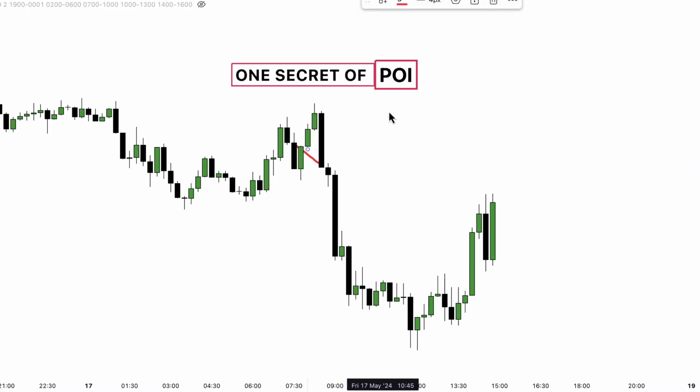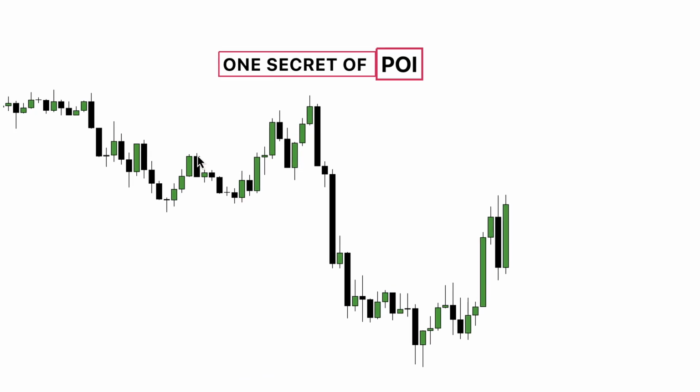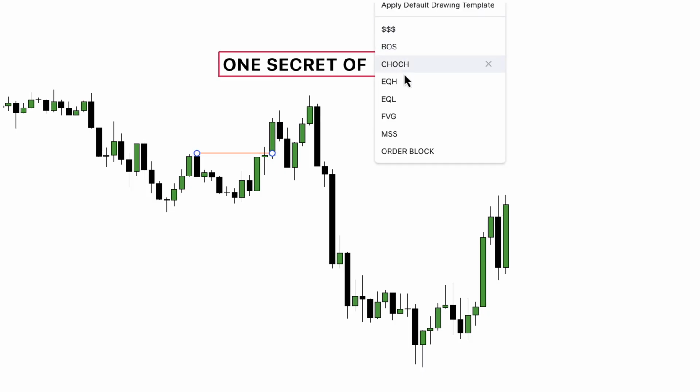Looking at that point of interest, this is the 15-minute time frame. Look at the market structure. If you know market structure properly, this is a shifting structure to the upside.